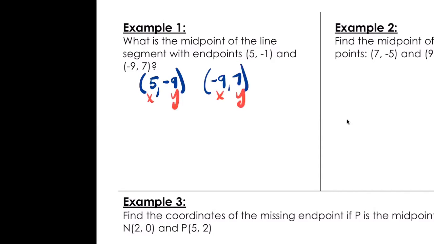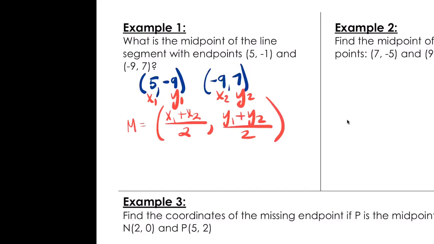The first number is always x, the second number is always y. And I'm going to put 1, 1, that's my first point. The 1's go together. 2, 2, that's my second point. The 2's go together. I know my formula is m equals x1 plus x2 over 2, comma, y1 plus y2 over 2, okay? And now it's just basically substitution and putting the numbers in.